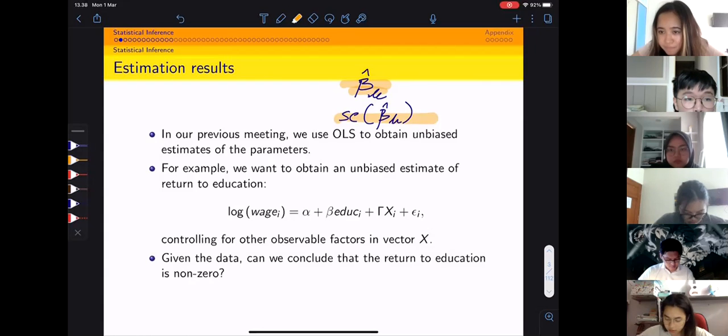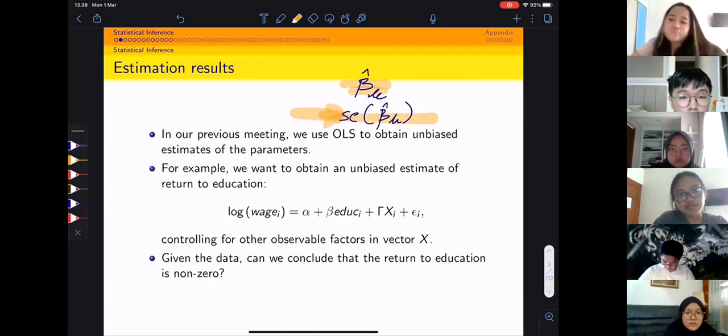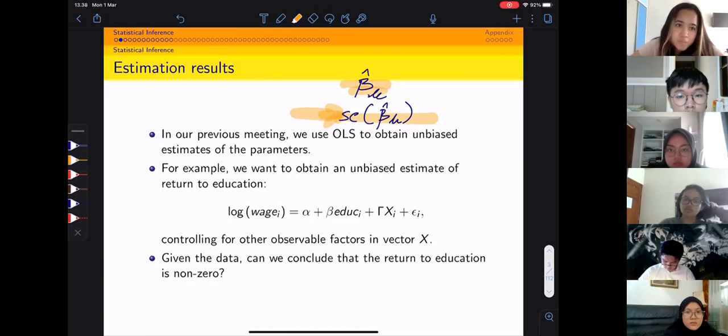So if you have assumptions 1, 2, 3, 4, and 5, then you'll be able to get an unbiased estimate of the standard error. Those are the key assumptions that we need. And today we're going to discuss an additional assumption to get into the inference part of econometrics.